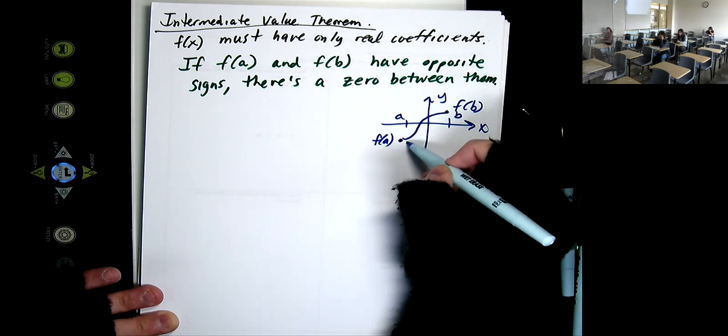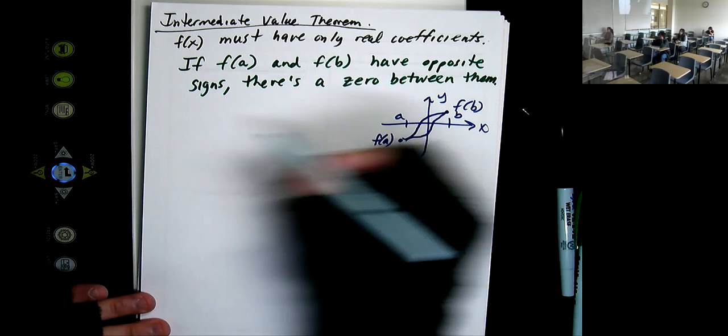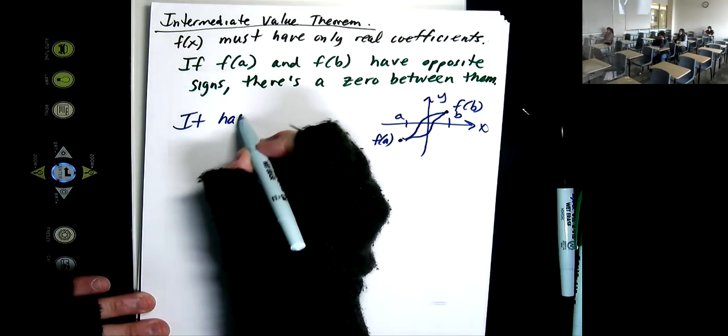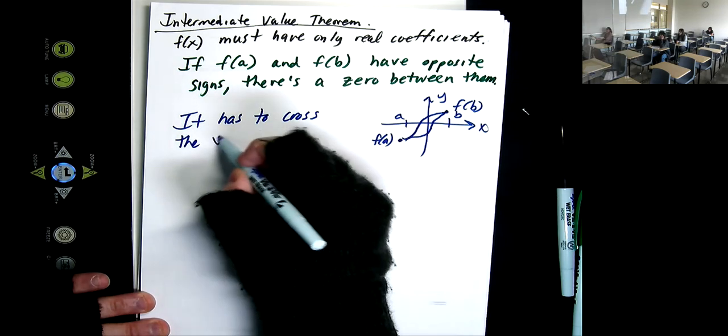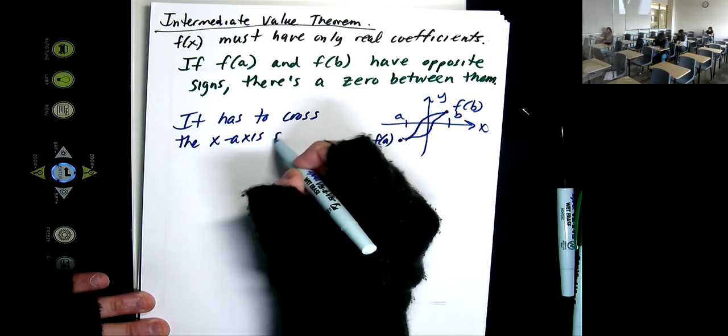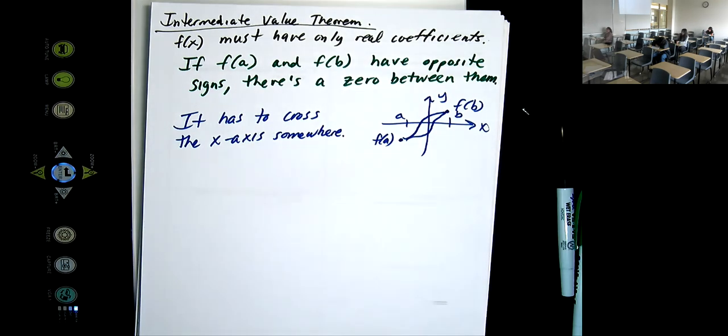It may be there, it may be over here, it's got to cross somewhere. So we can use that to speed us up.